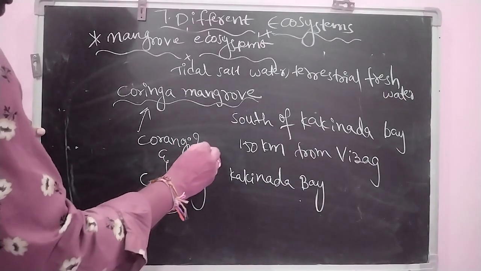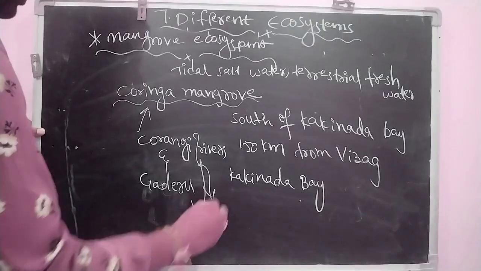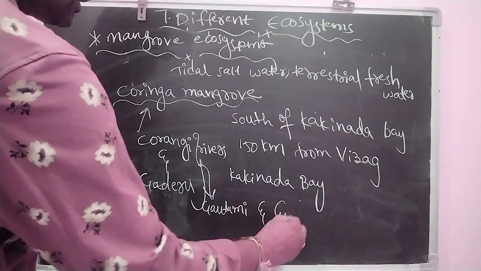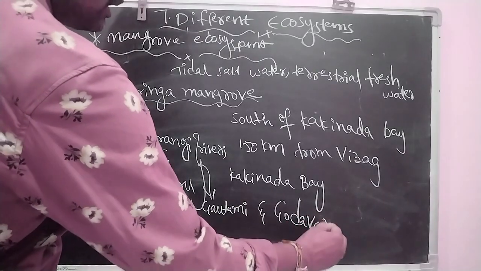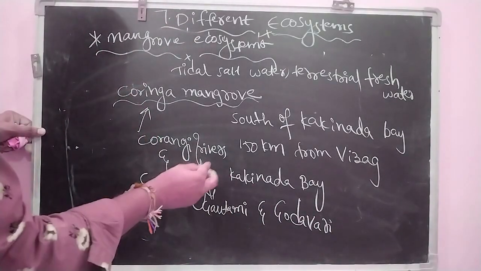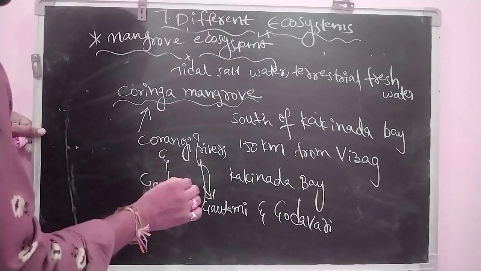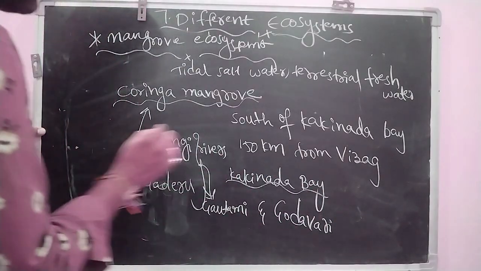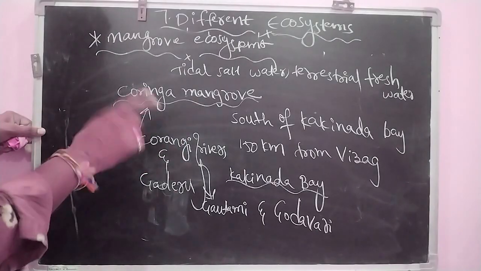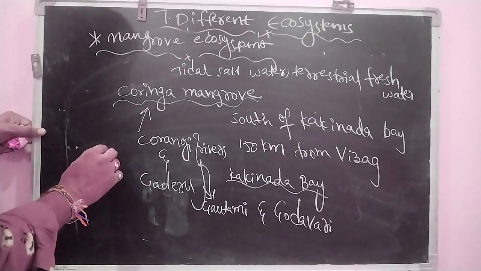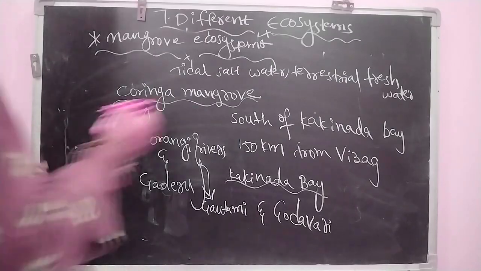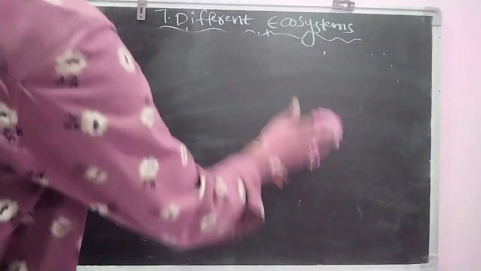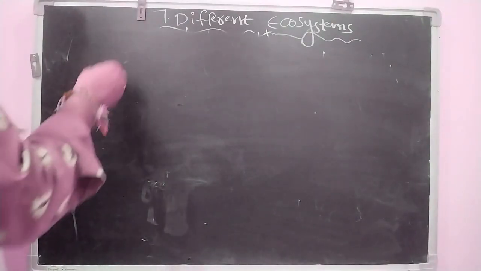These two rivers are tributaries of the Gautami and Godavari rivers, so these are the freshwater rivers, whereas near Kakinada Bay it is salt water. These waters mix, and because of this a lot of nutrients are available. Now let us observe the biotic components and abiotic components here.